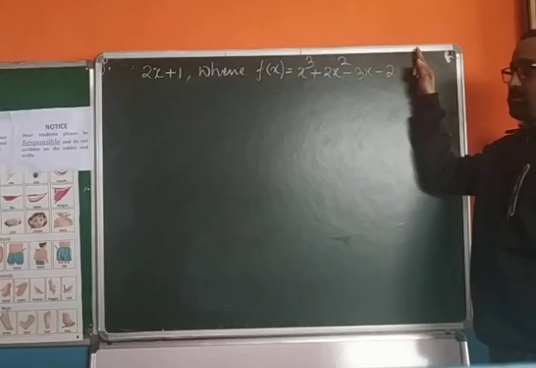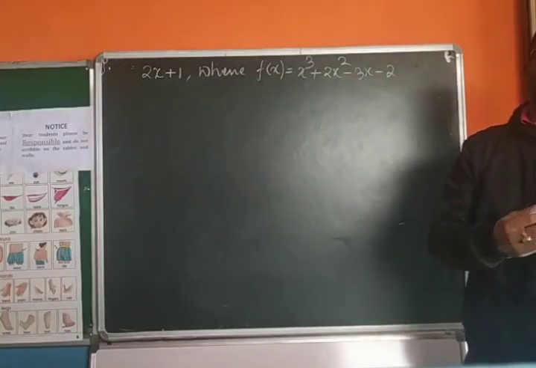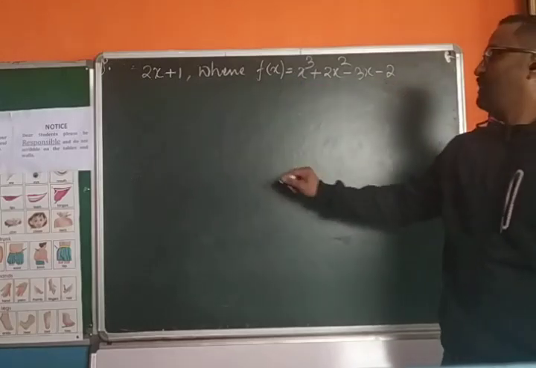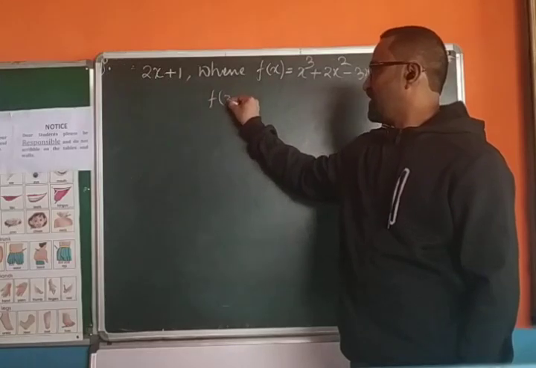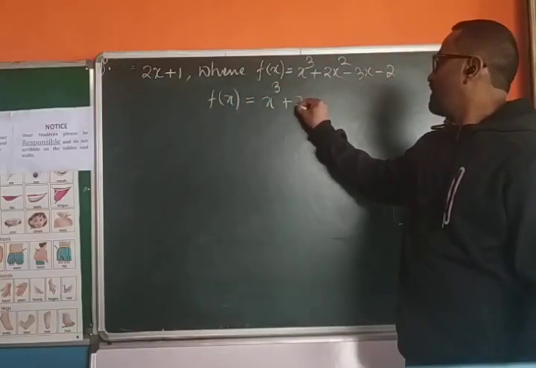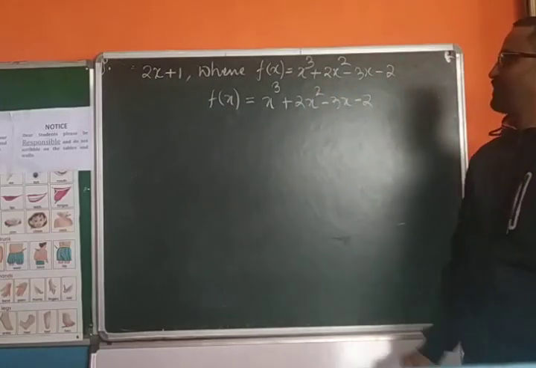I hope it is clear. Again, similar steps to be followed. Identify the longer equation. That longer equation is taken as f(x), x cube plus 2x squared minus 3x minus 2.